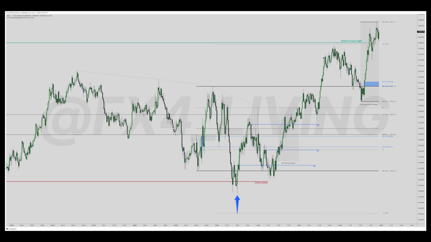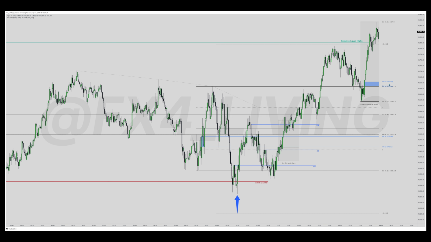This area right here, technically, the whole thing is a market maker buy model. That's the way I see it, and that's basically the last stage of the delivery from the MMBM, right? So that's basically where it takes out the original consolidation or the liquidity of some sort. We call them the lazy interbank, and that's kind of funny, right?